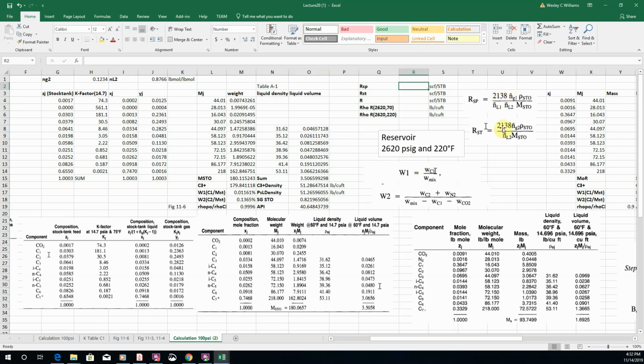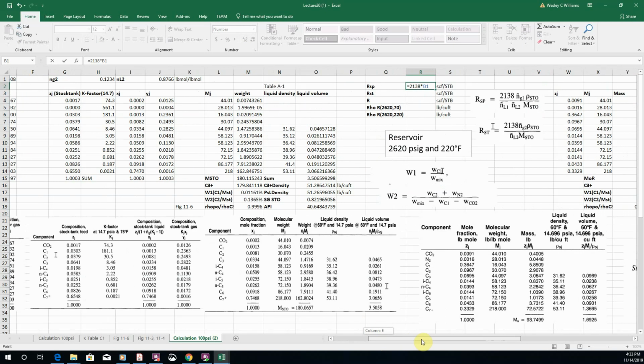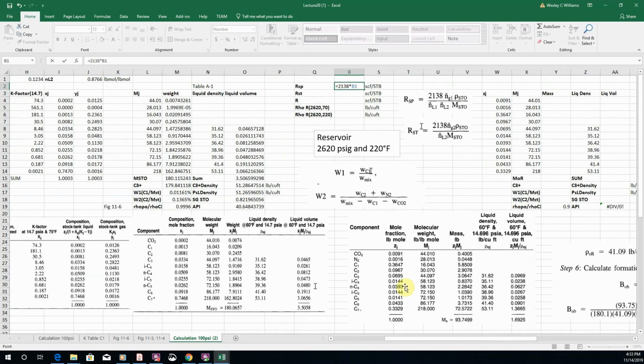So cut and pasted the formulas up here. We can type those out. So let's do the separator first. Separator is 2138 times NG1 is this value times rho stock tank oil. So the rho of our stock tank oil is this guy right here.